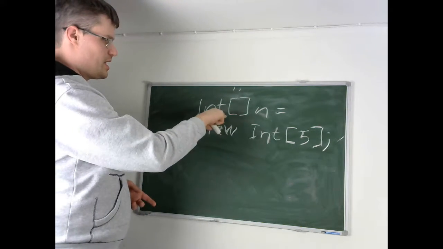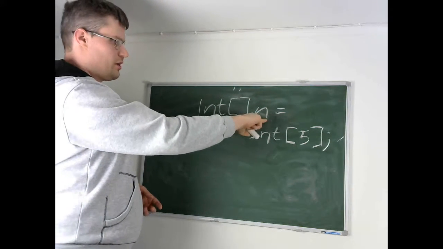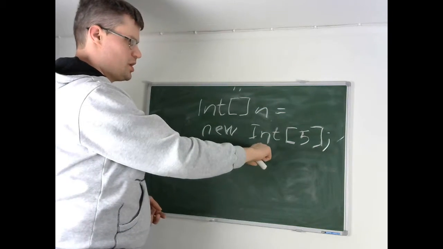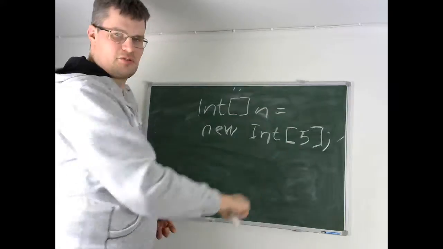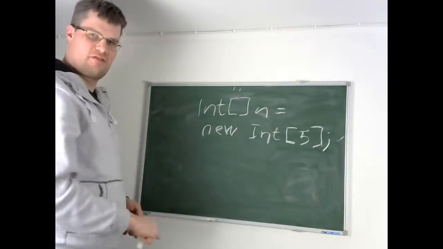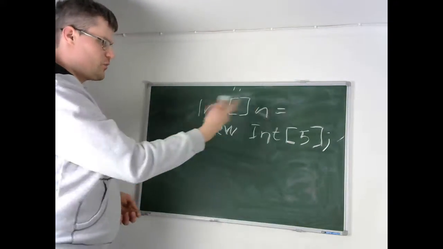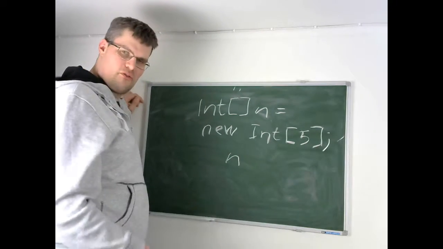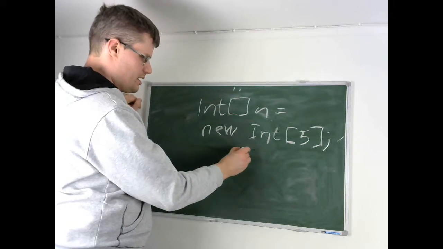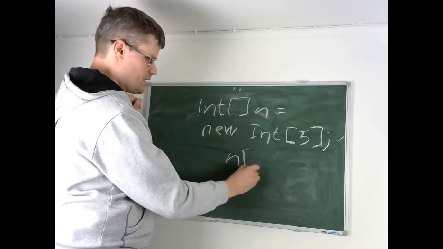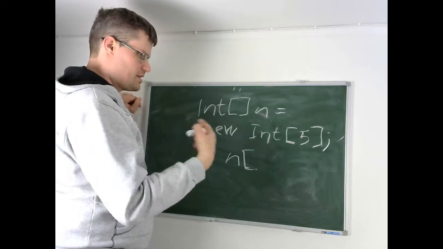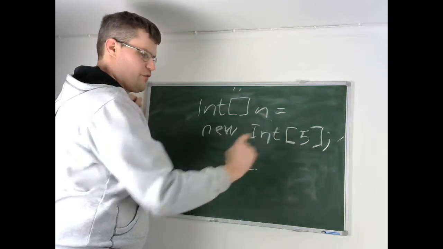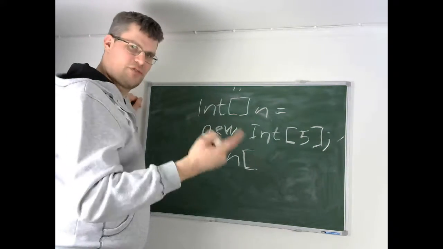So to make this simple, I typed it out here. We have some int bracket that we call n, which is our array, and that's equal to a new int bracket of 5. So we have 5 integers in there. And if we want to use any of them, we can use this new value n, and we just use brackets, and then we can say some number between 0 and 5, but not 5.